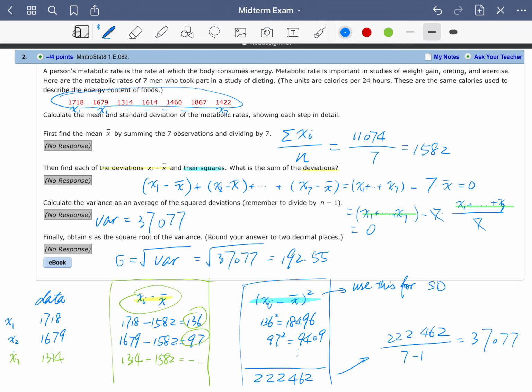Okay, so I think some of you missed the definition here. The key point is to know these deviations are not the standard deviation. They are two different things. Keep this in your mind.